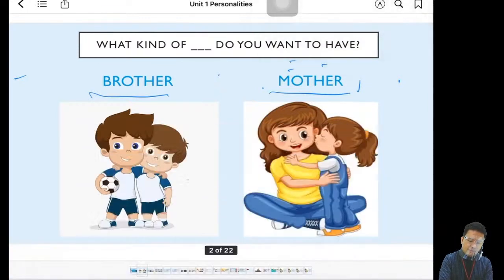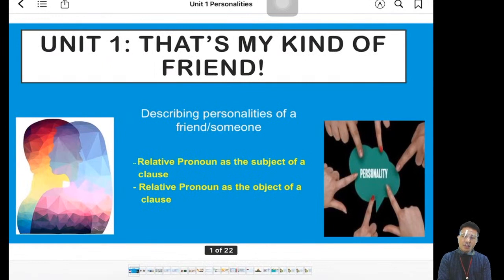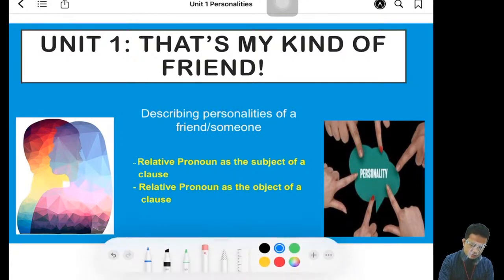And we also have this one. A while ago, we focused on Unit 1, that's my kind of friend, and we described different personalities of a friend or someone or any members of the family. And you learned how to use relative pronouns as the subject of a clause. Remember, when we talk about a clause, a clause has a subject, verb, and object.